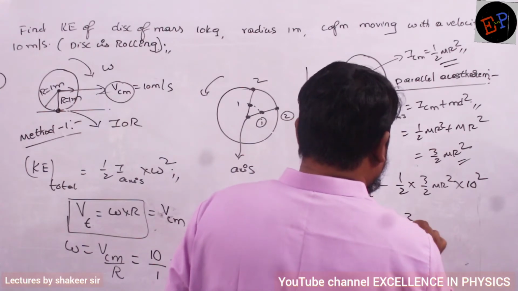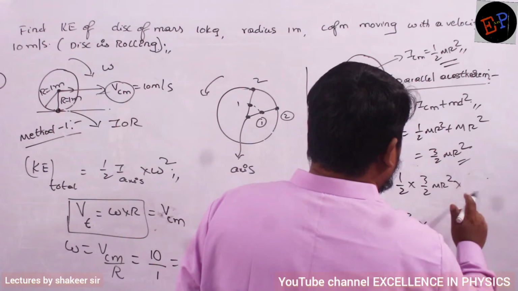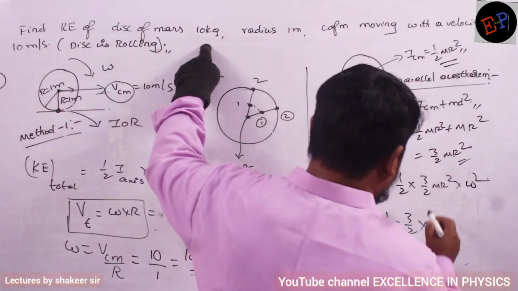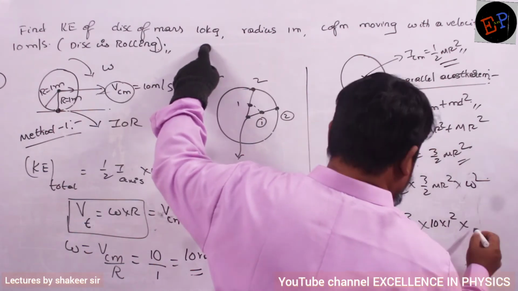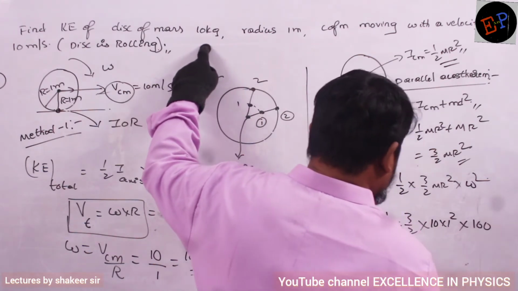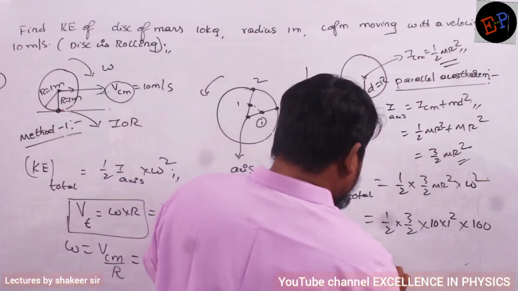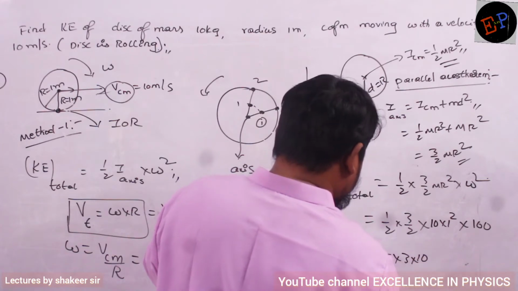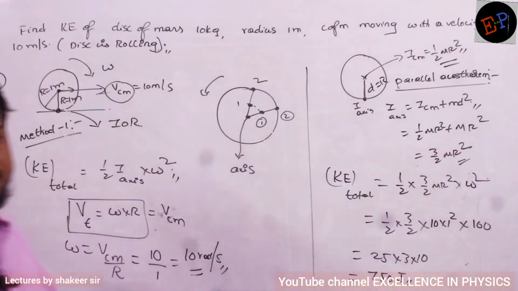So half into 3 by 2 into, the mass of the body is 10 kg, radius is 1 meter, angular velocity square is 10 square, which is 100. If you do this total calculation, 25 into 3 into 10, how much? 750 joules is the total kinetic energy.